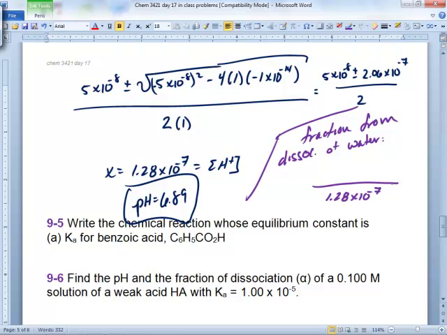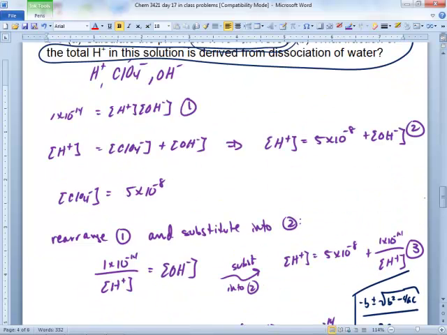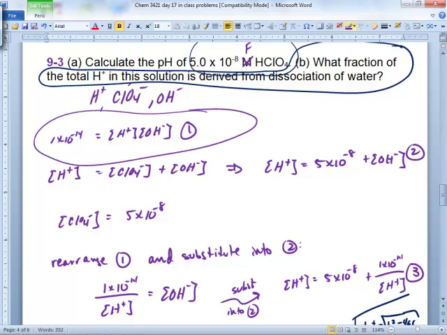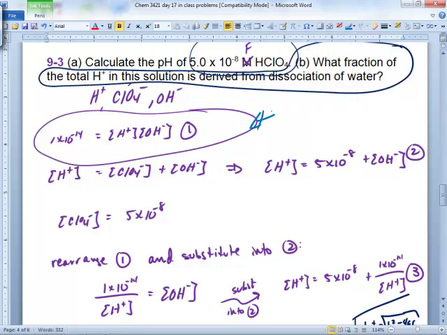Okay. How do we get the top part? It's going to be the OH. Oh, you already did it? Oh, you did? Okay. So if you did it my way, you'd probably have to go back up to any equation works. I would probably just use this one. Plug in our concentration of hydrogen ion.